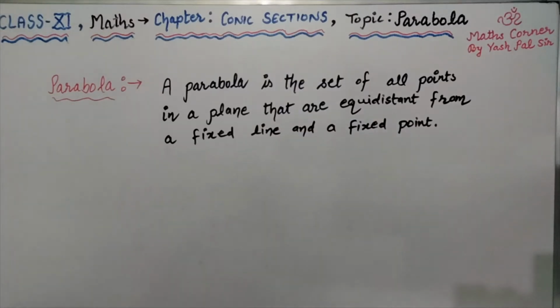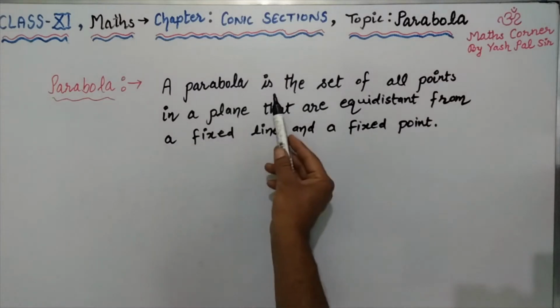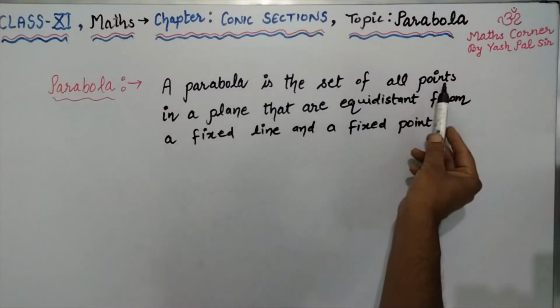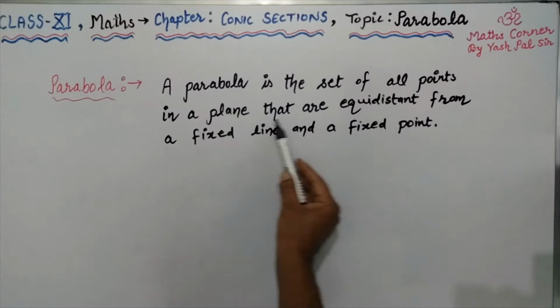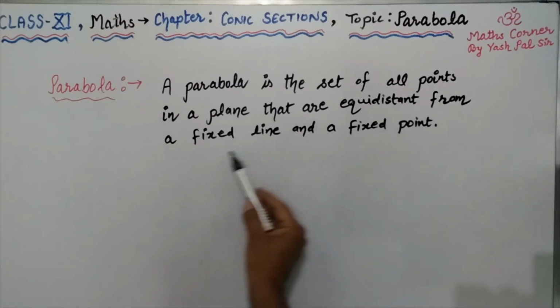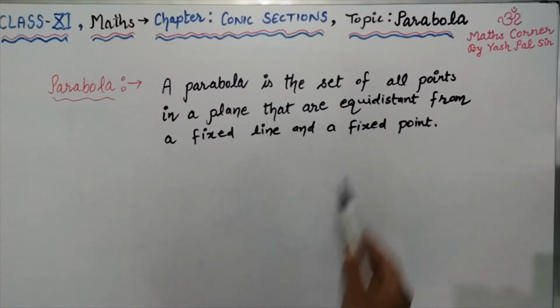In words, the definition of the parabola is: a parabola is the set of all points in a plane that are equidistant from a fixed line and a fixed point. Now, what is the fixed line and what is a fixed point?